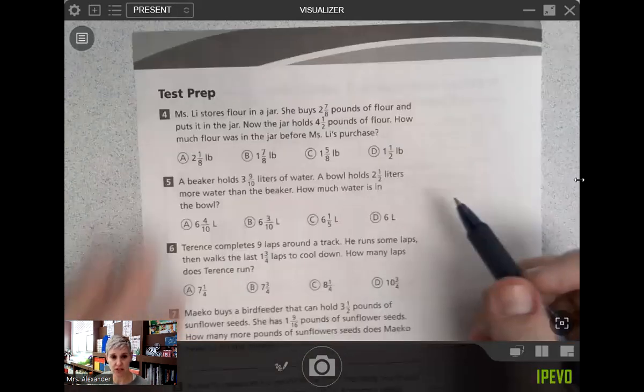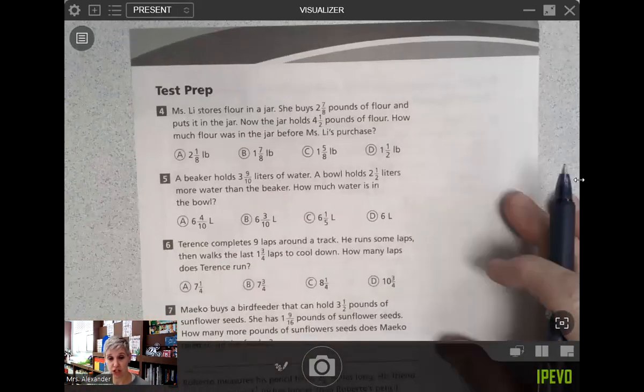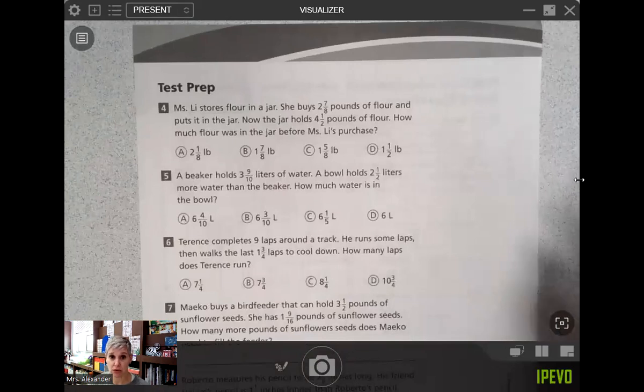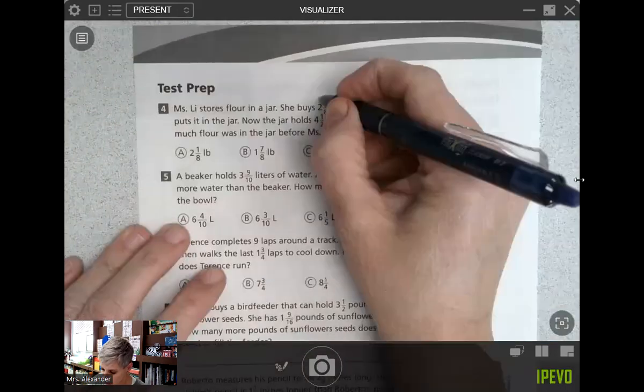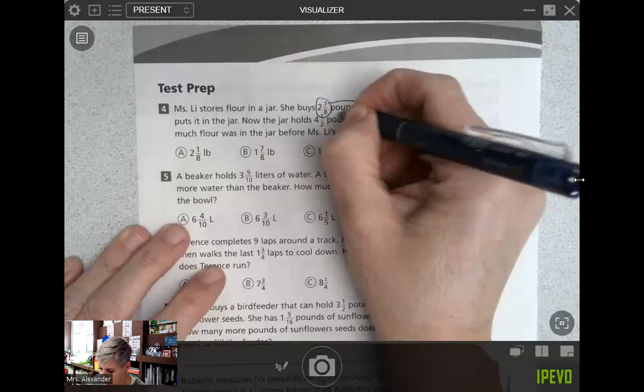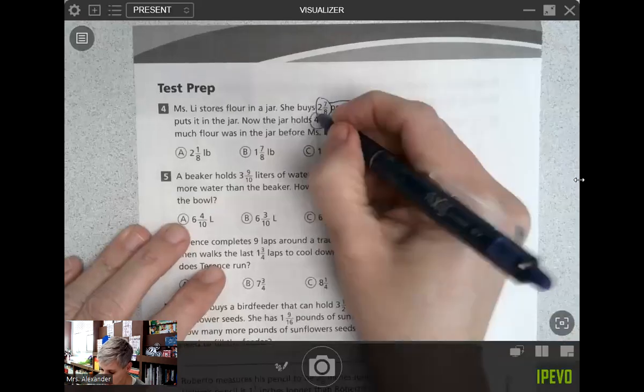Ms. Lee stores flour in a jar. She buys 2 7/8 pounds of flour and puts it in the jar. Now the jar holds 4.5 pounds of flour. How much flour was in the jar before she made her purchase? So this is what she bought, and now she has this much.